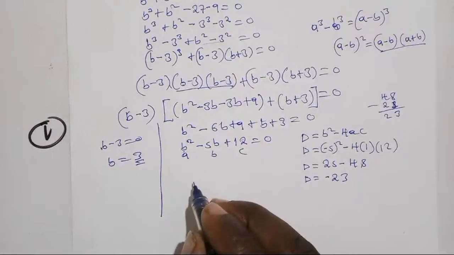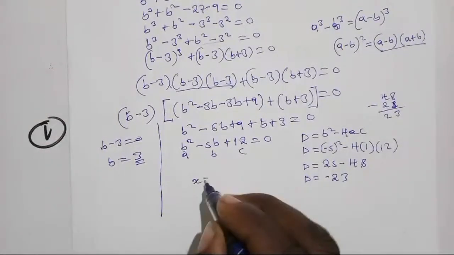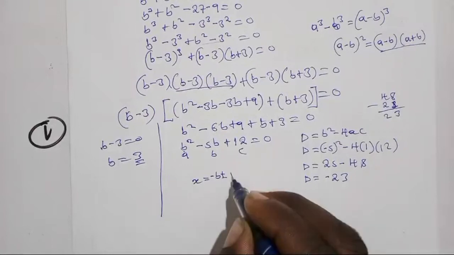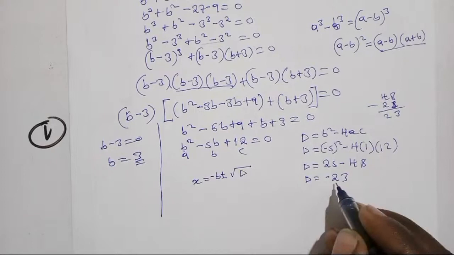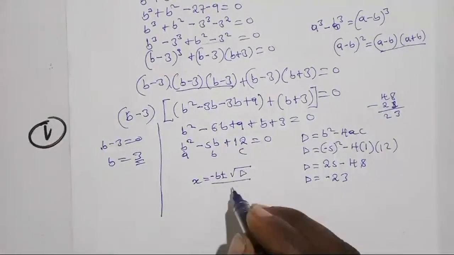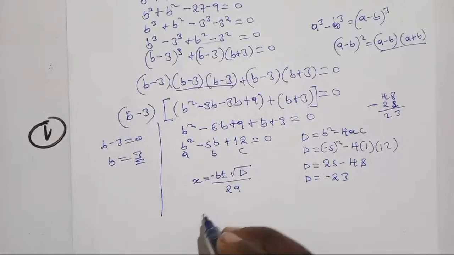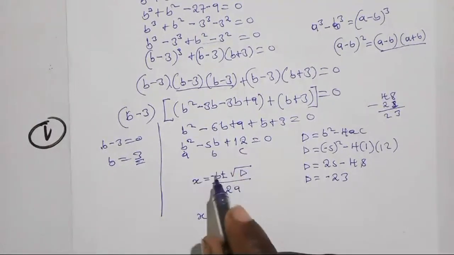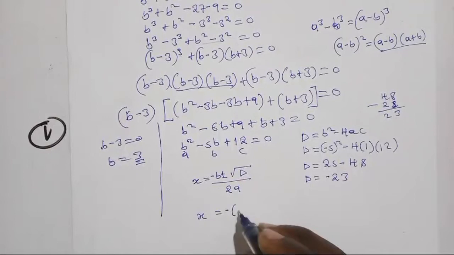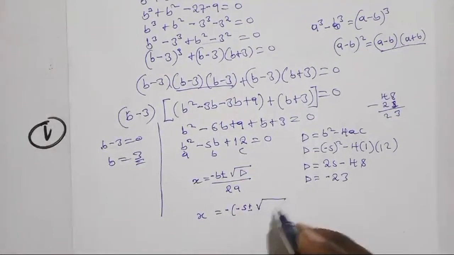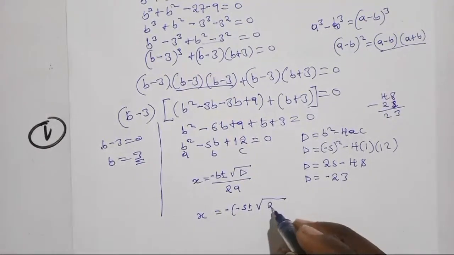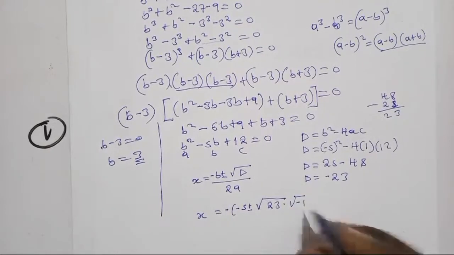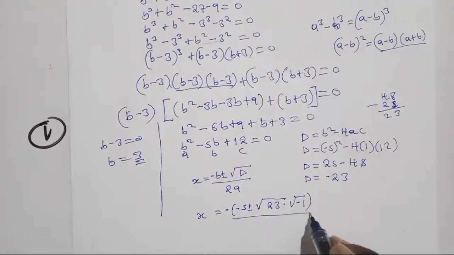Then we're going to write the formula for the quadratic equation, which is x equals minus b plus or minus the square root of D, because we have already found the discriminant, over 2a, in which x will be equal to, where for this b we have minus 5, so minus and minus, so we are going to say minus, open bracket, minus 5, plus or minus the square root of 23 multiplied by minus 1, over 2.